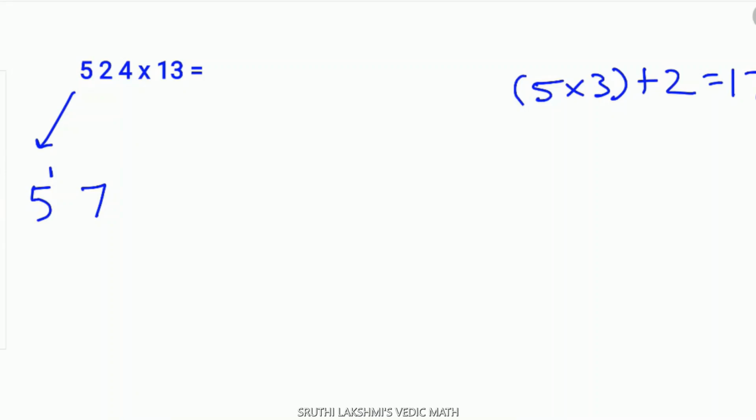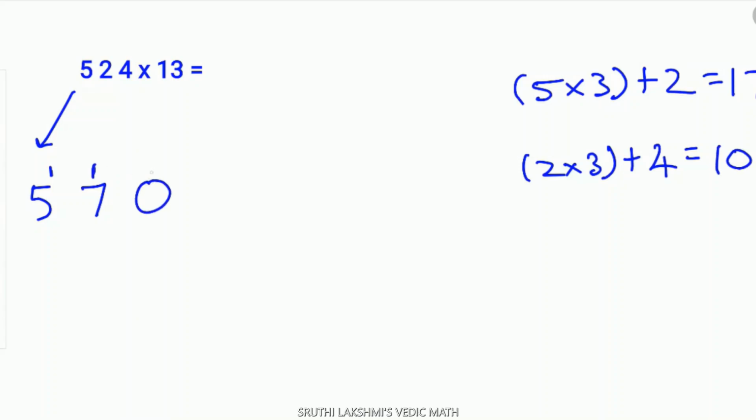Next, do 2 times 3. And next, add 2 times 3 with the next digit 4. So 2 times 3 is 6 and 6 plus 4 is 10. So carry the 1 and write down the 0. Next is 4 times 3.